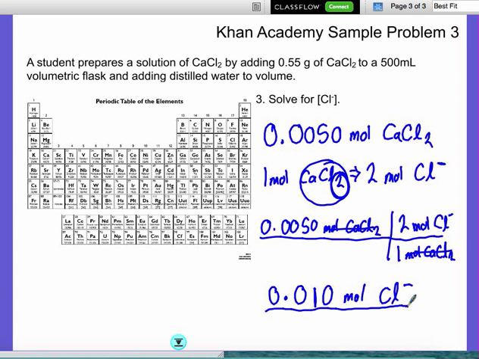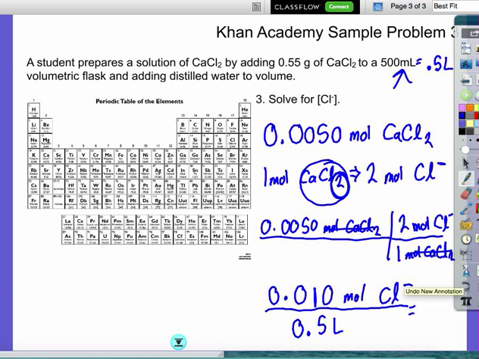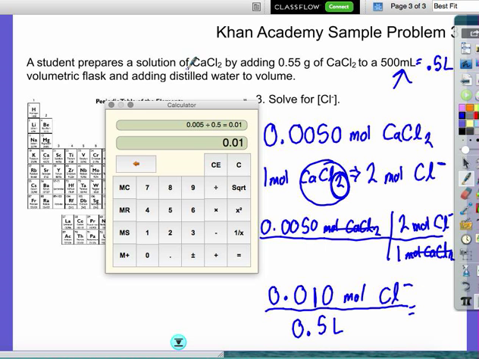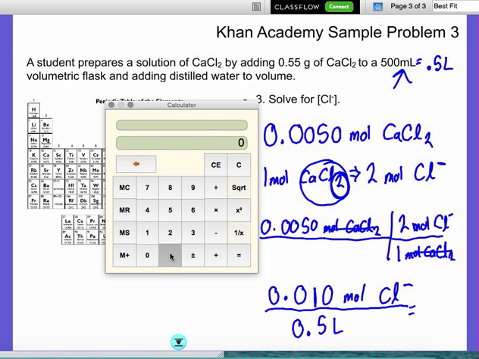Divide that by how many liters we had, which is equal to 0.5 liters. And when you plug it into your calculator, 0.010 divided by 0.5, you get a concentration of 0.020 molar.